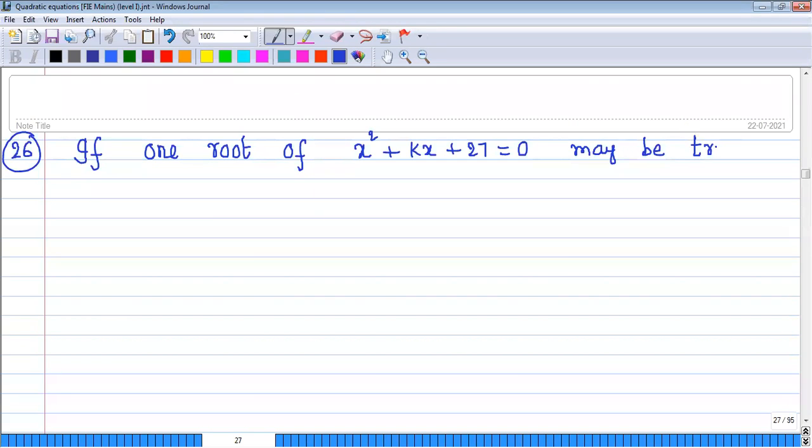Triple means 3 times, 3 times means ratio is 3:1. Then k equals to. First option is plus or minus 6. Second option plus or minus 8.